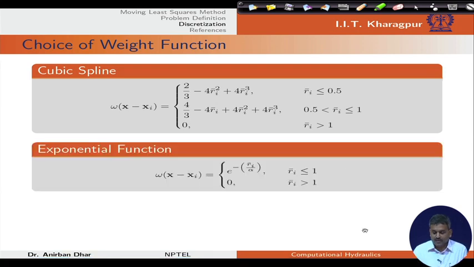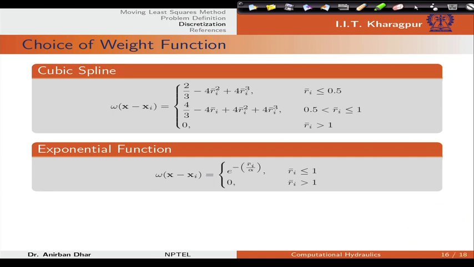We can have an exponential function where alpha is some defined value; Ri greater than 1, this is 0, and within this domain, Ri less than equals to 1, we have this exponentially decaying function.